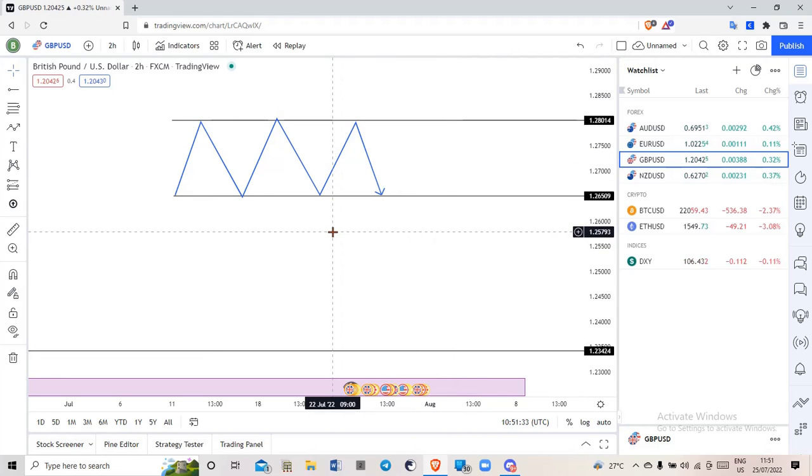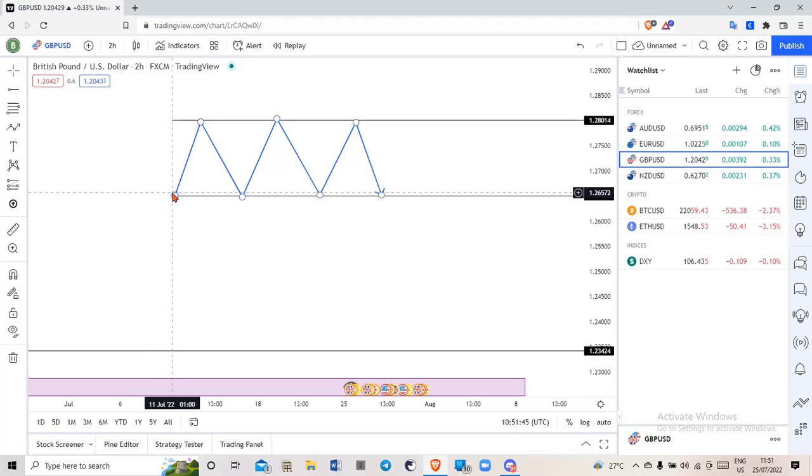A market can be moving sideways in a higher time frame but trending in a lower time frame. Deeper in the course you will get to understand. So let's say this market went up, down, up, down, up, down, at least three times.